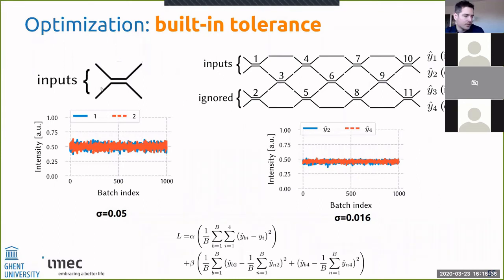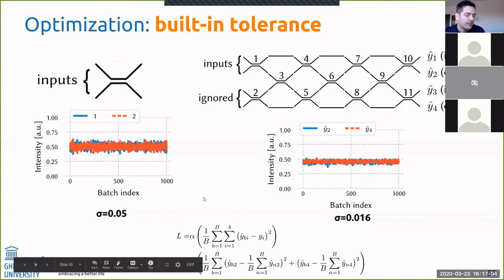For example, you have a component which you cannot completely control because of temperature variations or fabrication variations, let's say it has a 5% error. By putting them in a mesh like this and optimizing it, you can reduce the variability in the complete component. So you go from a 5% error, or a standard deviation of 0.05, to a standard deviation of 0.016.